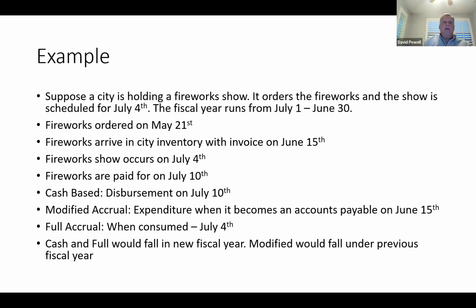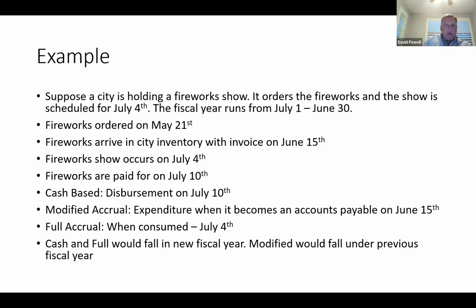Now, I said a few minutes ago that GASB, the Government Accounting Standards Board, requires that governments use a modified accrual system of accounting for almost all of their expenditures and almost all of their accounting. The exception to that is for proprietary funds.